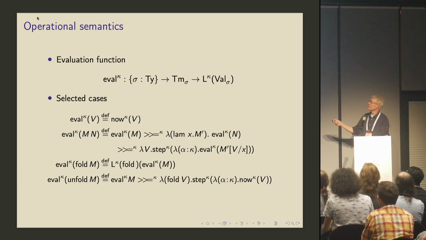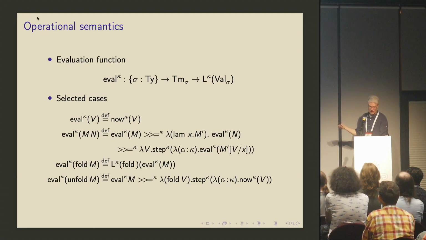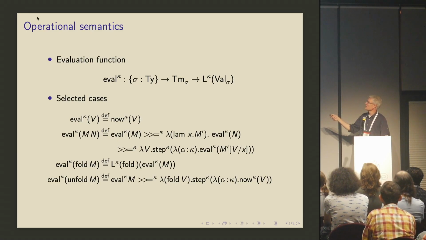If I have a value, I just return that immediately. If I have a function application, I evaluate the function first. When that returns, it gives me a value of function type, and these are necessarily lambdas, so I pattern match on that. Then I evaluate n, that gives me a value, and I substitute v into m prime, and I evaluate the result.